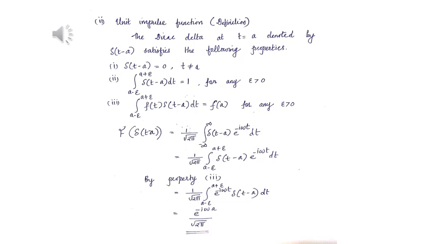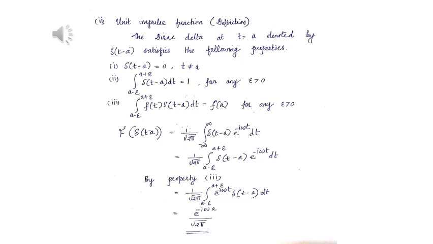Now let us find the Fourier transform. F of delta of t minus a is equal to 1 by root 2 pi integral minus infinity to infinity delta of t minus a into e raised to minus I omega t dt. That is 1 by root 2 pi, and the limit here is a minus epsilon to a plus epsilon. Then integral a minus epsilon to a plus epsilon delta of t minus a into e raised to minus I omega t dt.